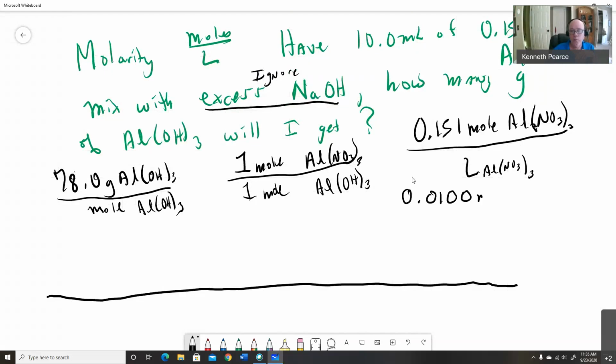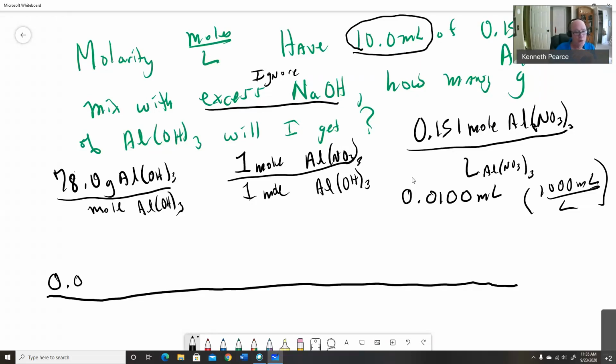Keep in mind, there's 1,000 milliliters for every liter. Okay, so I went ahead and did that. I took my 10 milliliters, and I'm going to write it down as 0.0100 liters. And that's liters of the aluminum nitrate solution.